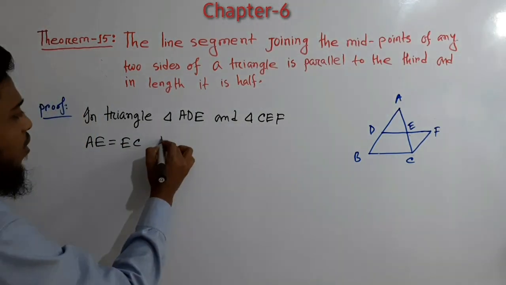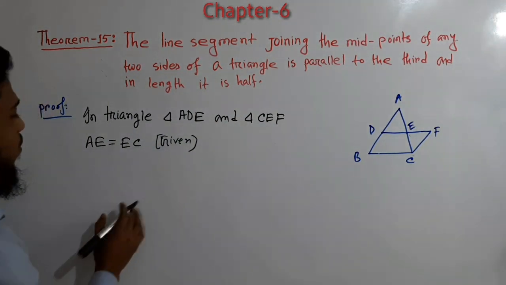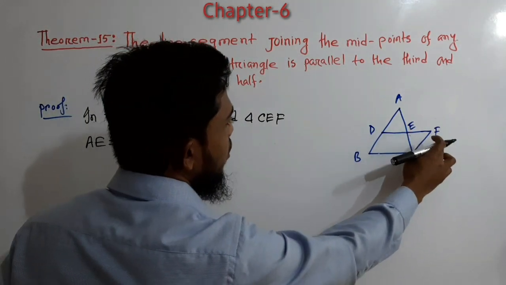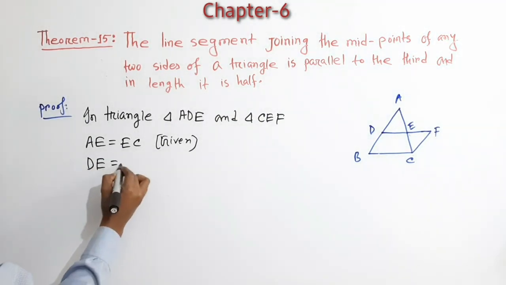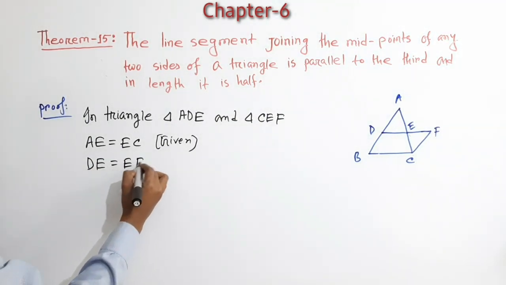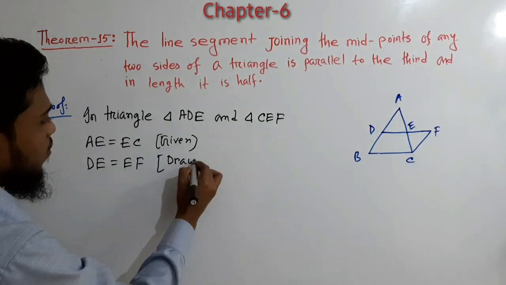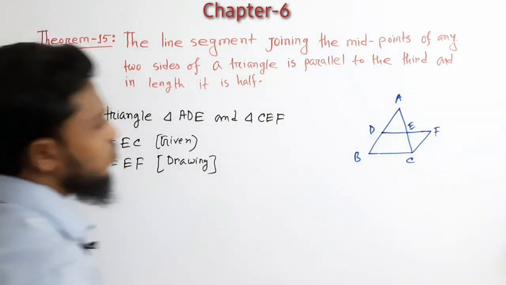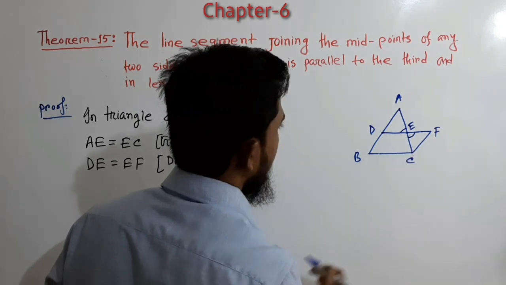This is our given part, and DE is equal to EF from our drawing part. And also we see that this angle and this angle are equal.